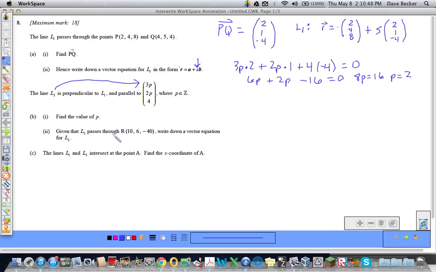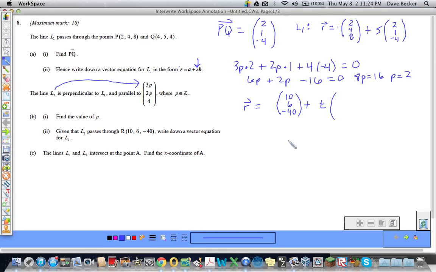Given that L2 passes through (10, 6, negative 40), write down a vector equation for L2. So for L2, we would have r equals (10, 6, negative 40), plus, and some of you put s again. Once we're in one big giant problem, don't use the same parameter as you did in a previous vector equation. So I'm going to use t times. Now what direction is it in?